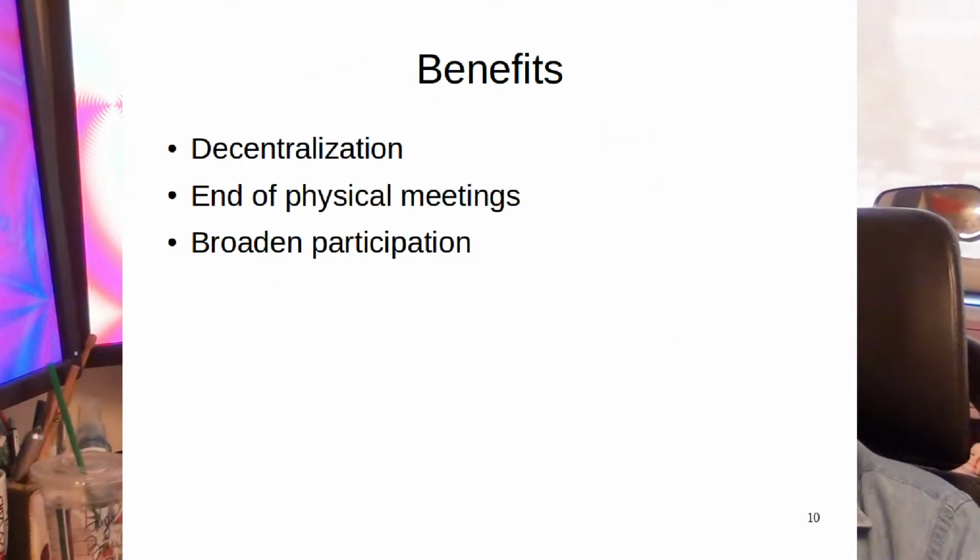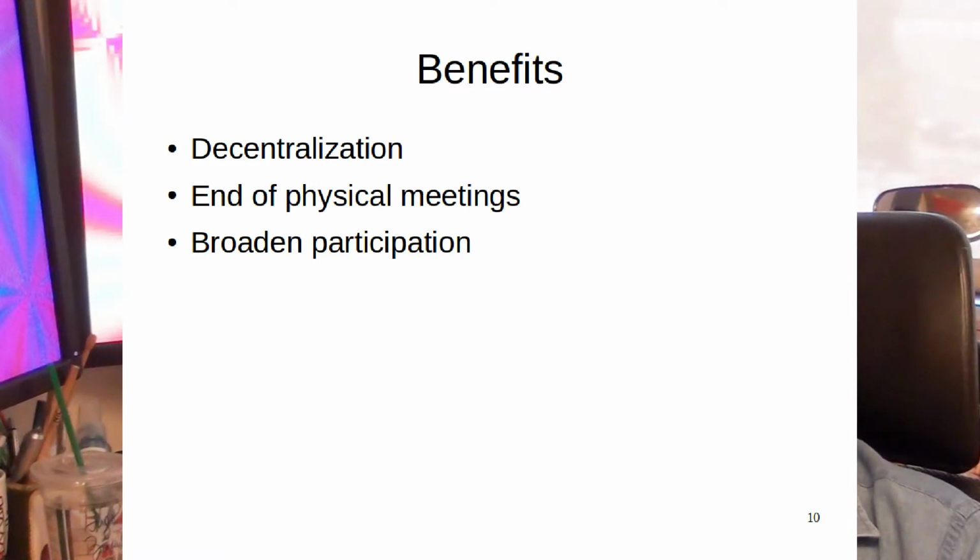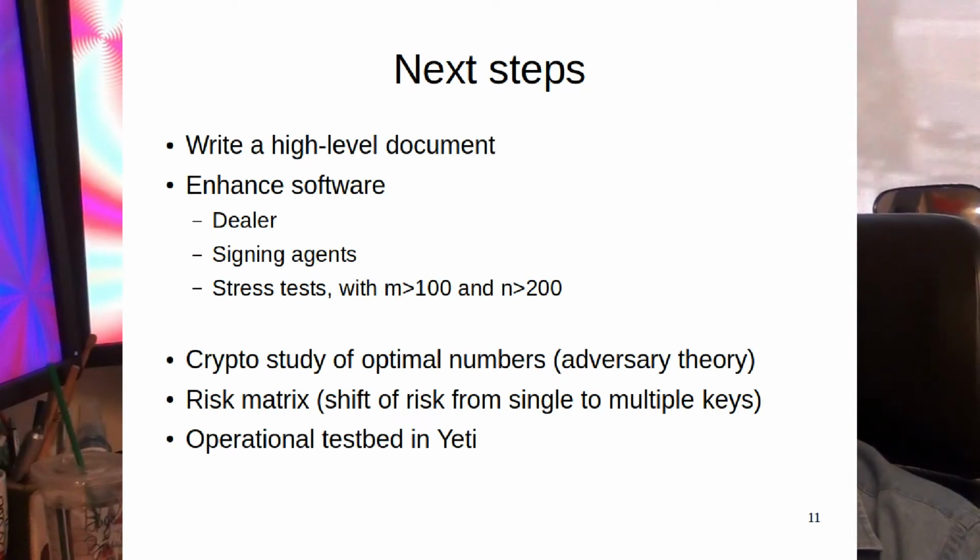So the benefits are clear: decentralization, end of global physical meetings, and broader participation in the root KSK signing. But we also know this introduces new risks that have to be identified, studied, and mitigated. And that's what we are working on right now.